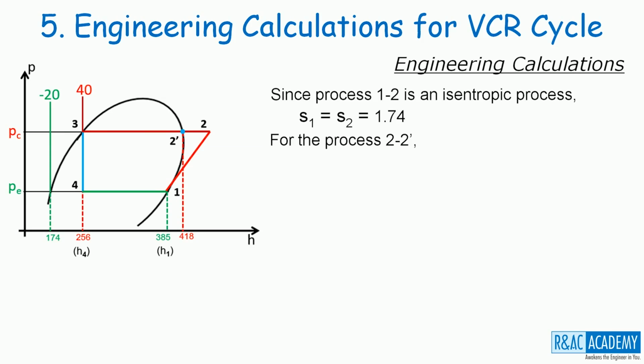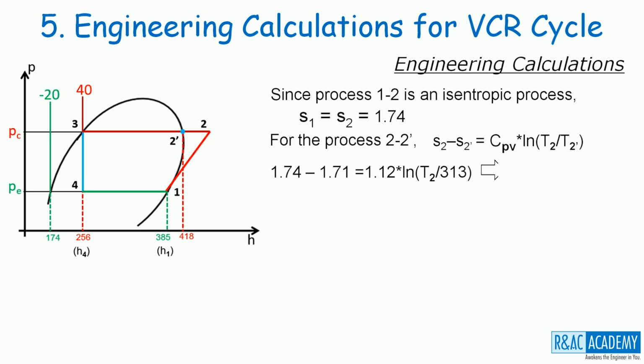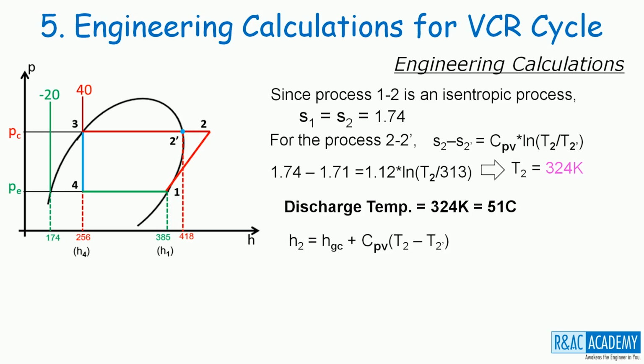And for the process 2-2' we have this expression. Let us substitute the values that are known to us. So this gives us T2 is equal to 324 Kelvin. What is T2? It is nothing but the discharge temperature. And another expression for the process 2-2' is H2 is equal to HGC plus CPV times (T2 minus T2').